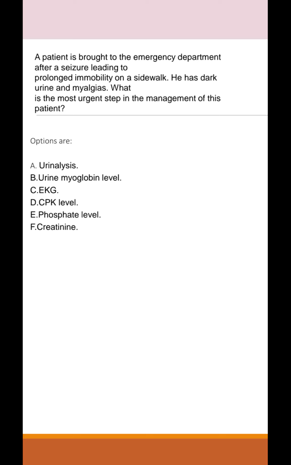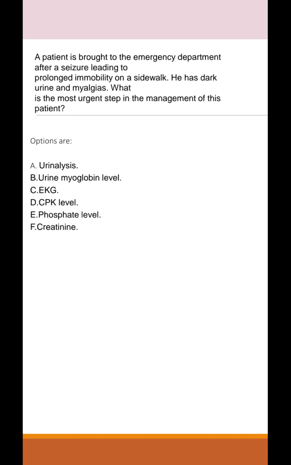So we have to ask what is the most urgent step. The patient had a seizure and prolonged immobility, and you see that the urine is dark, myalgia. So you can't wait. Hyperkalemia is always life-threatening.